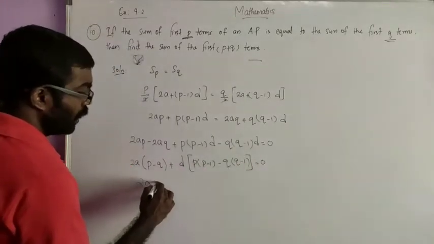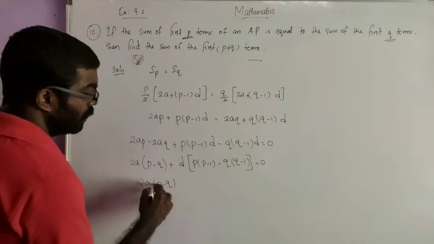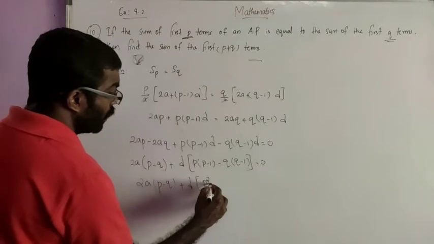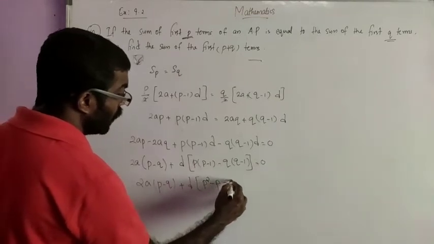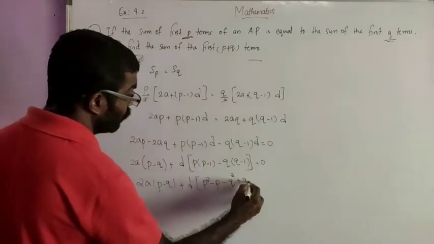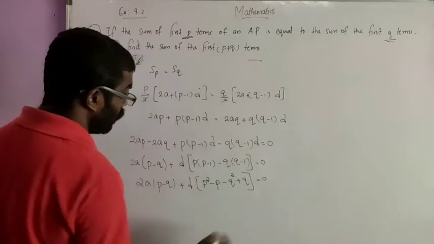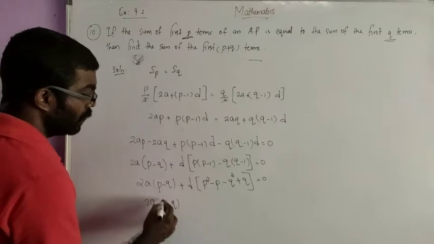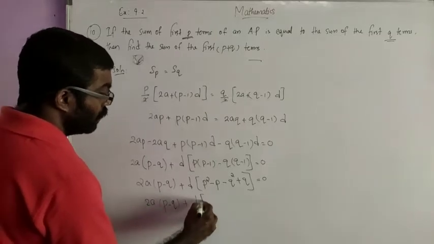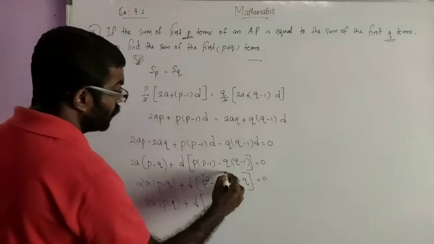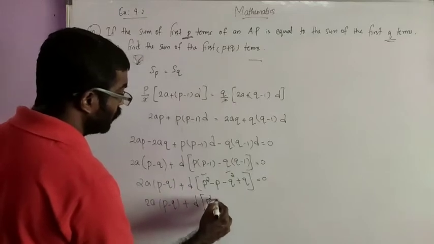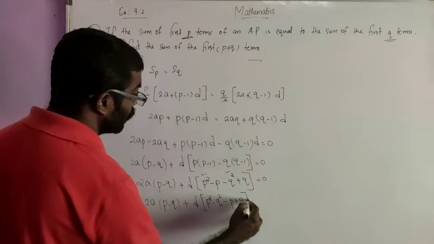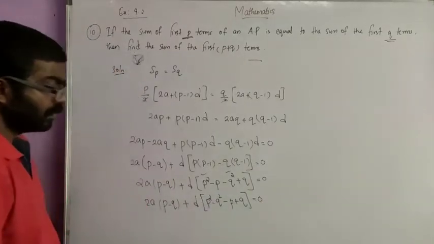That is 2a into p minus q plus d into p square minus p minus q square plus q equal to 0. We can rearrange the terms: p square minus q square first, then minus p plus q, which is equal to 0.